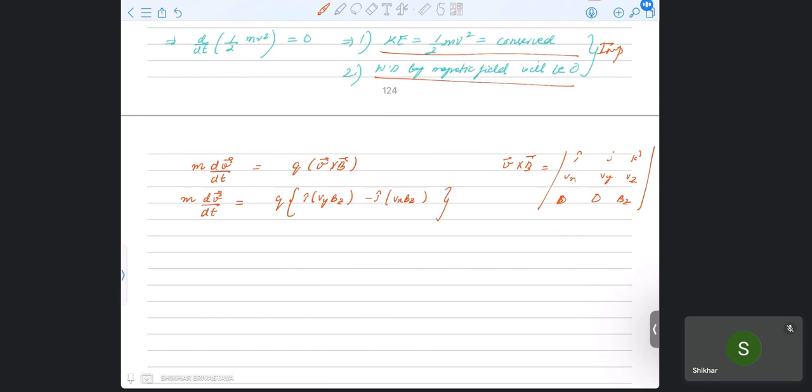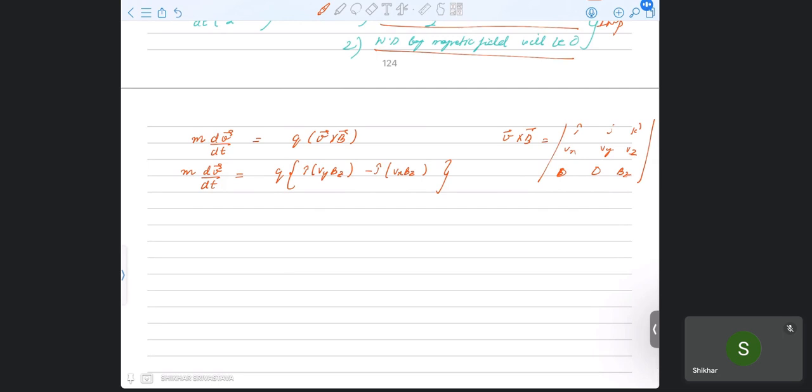So your equation becomes m d upon dt of vx i cap plus vy j cap plus vz k cap is equal to q i cap vy Bz minus q j cap vx Bz.